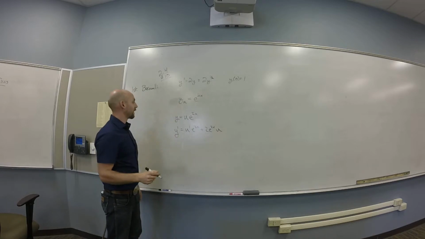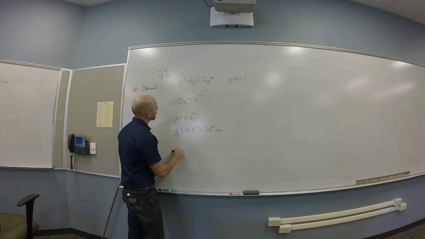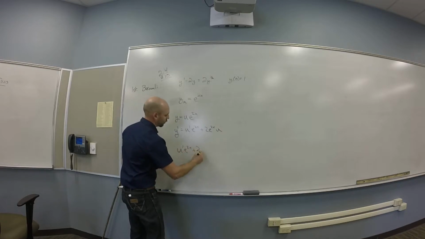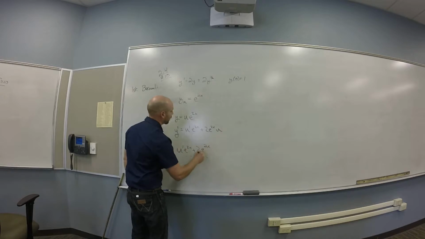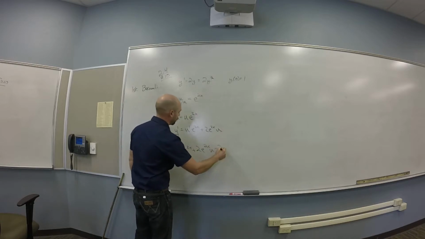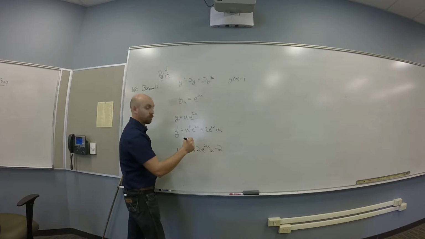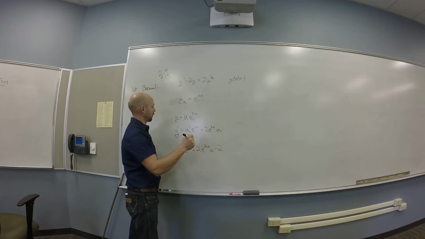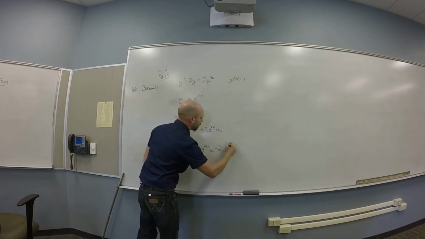Cram this back in your original. So you got u prime e to the 2x plus 2 e to the 2x u minus 2 times what? u e to the 2x. That's your y, right?